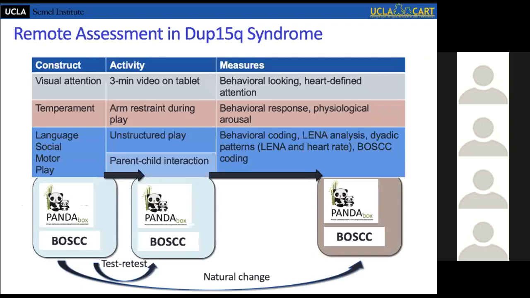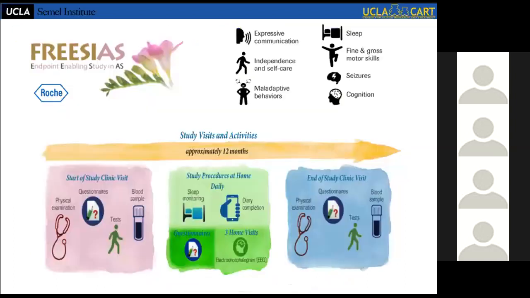Charlotte DeStefano, who I showed you, did a lot of the work on the Duke 15Q study, now has a grant to do remote assessments in Duke 15Q using a toolkit, if you will, called PandaBox. And that's going to be really interesting, again, for us as we think about trials in Duke 15Q. We are a part of a clinical endpoint study that's funded by Roche in Angelman syndrome.